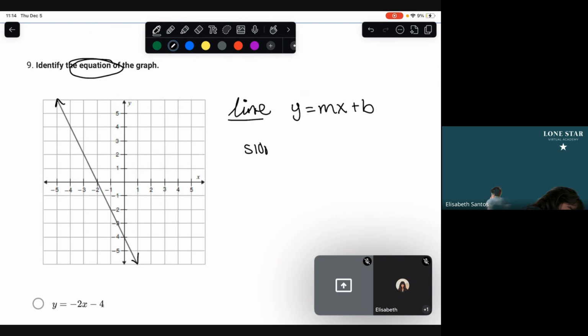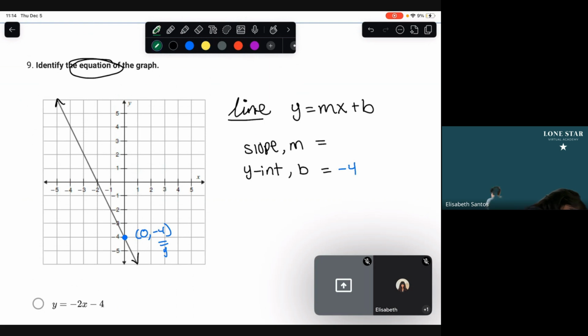So we need the slope, which is m, and the y-intercept, which is b. The y-intercept you find on the y-axis, which is right here, that point, 0, -4. So we just want the y. That's -4.